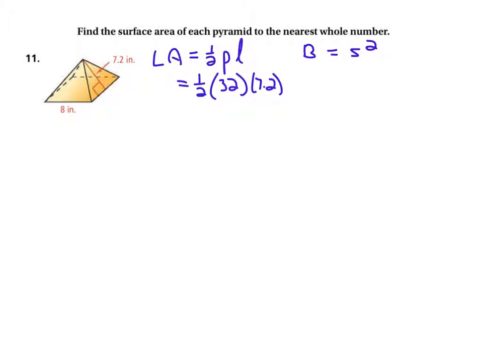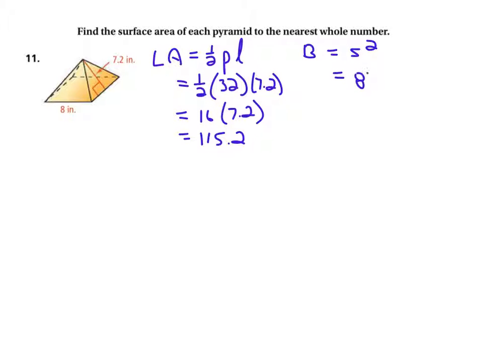And when we calculate that, let's see, 1/2 of 32 is 16. I can write this down as an intermediate step for calculations. 16 times 7.2, and we got 115.2. This is not a whole number, but I do know what I'm going to get for side squared. It's going to be a whole number, so we can eventually round that off. But let's see. Find the base.